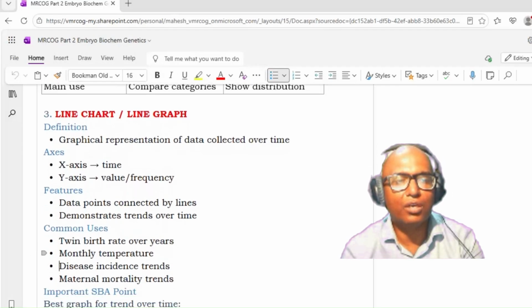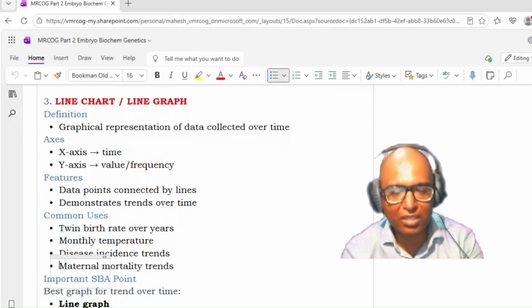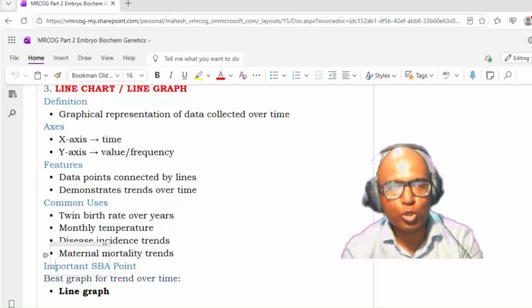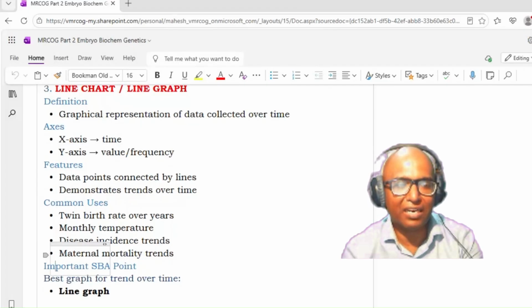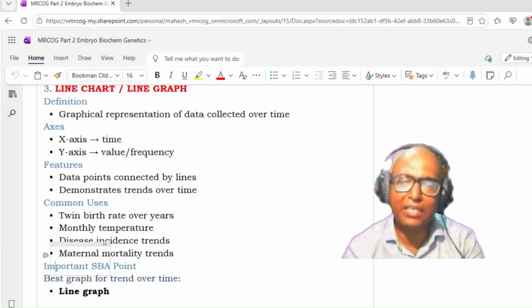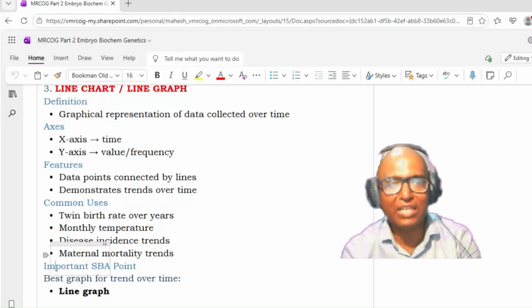Examples are twin birth rate over the years, monthly temperature, disease incidence trends, and maternal mortality trends. When we want to show something with respect to time, it is better to show it by a line graph or line chart.